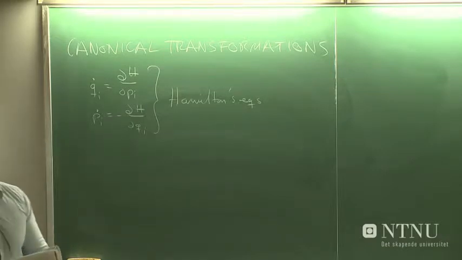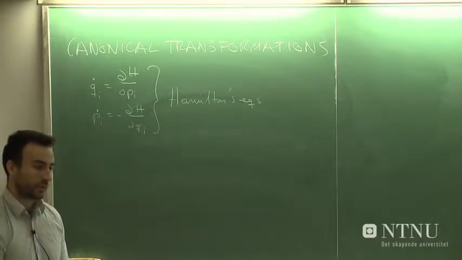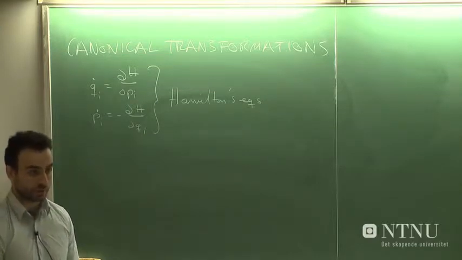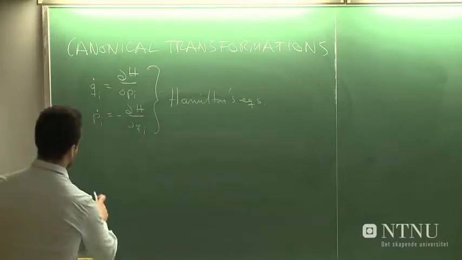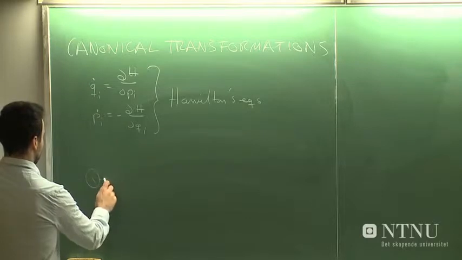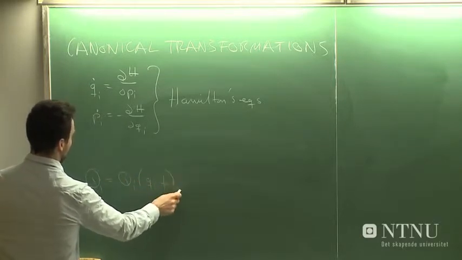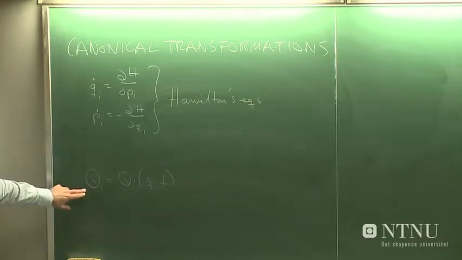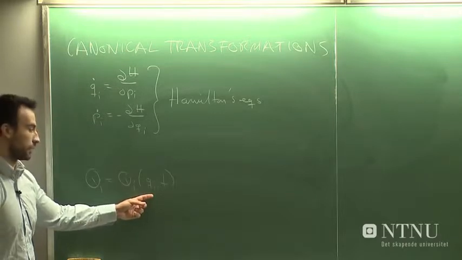Now we know that we can always make a transformation on our coordinates to go, for instance, from Cartesian to polar coordinates. And that would be a point transformation where we introduce a new set of coordinates, large q, which are a function of the old coordinates, small q.